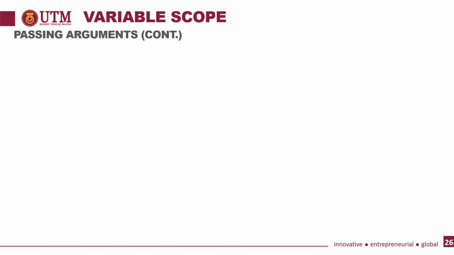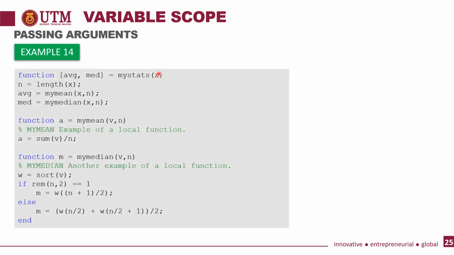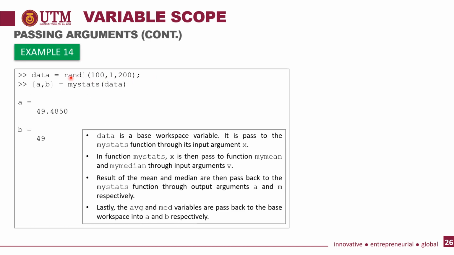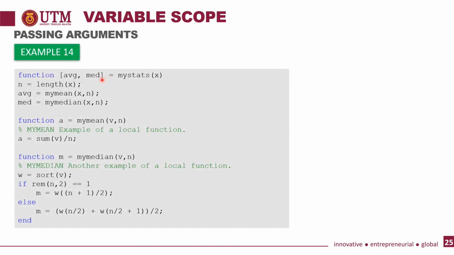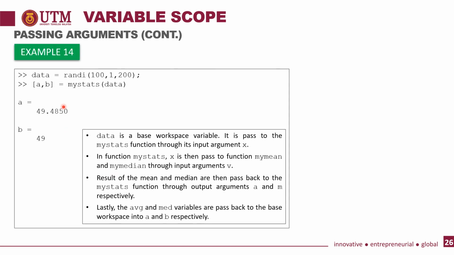In your function, you receive one input. Where do you get the input? You get the input from a base workspace variable that you pass to the function when you call it. You initialize it in the base workspace as the input of the function myStats. So myStats receives the input from the data name here, and then it calculates the median and mean and returns them as a and b.